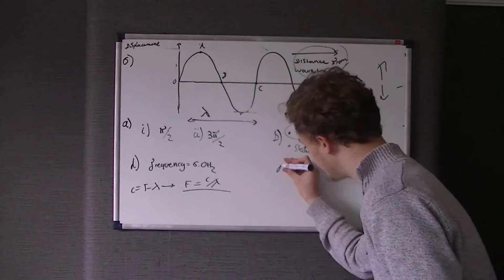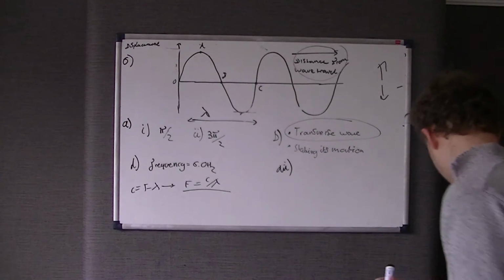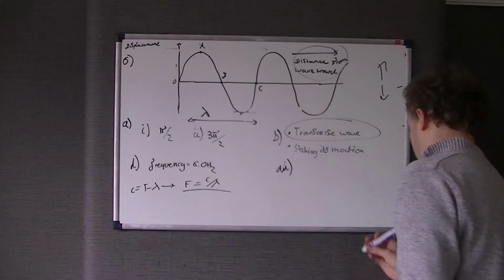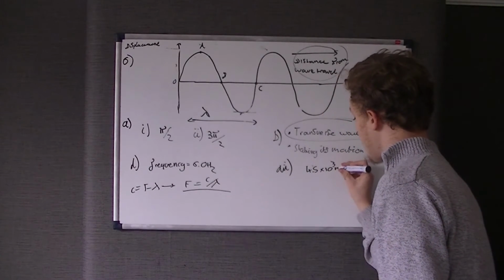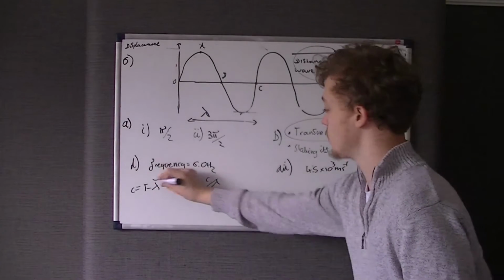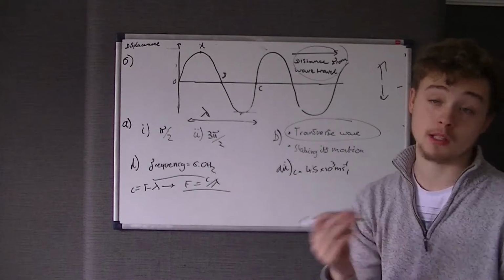6D part 2. Calculate the wavelength if its speed is 4.5 times 10 to the 3 meters per second. We also know the frequency of that wave is 6 Hertz, and that's the speed. I'm going to label it as c, you can label it as v.